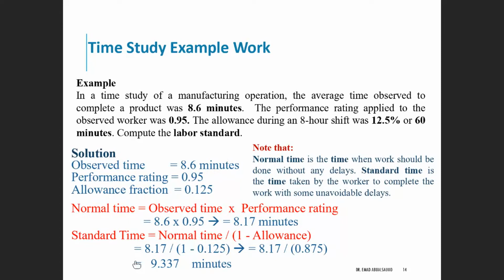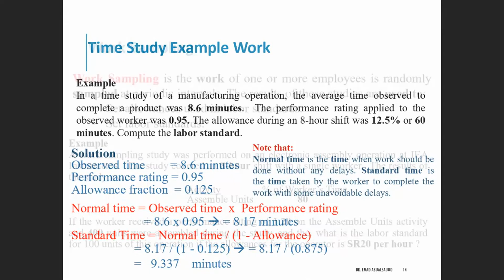So that is the standard time. Just to verify your answer, you will always find the standard time slightly bigger than the normal time because it considers the delays, okay? This is how you find the total time for a job, and an example can come on how to do it.